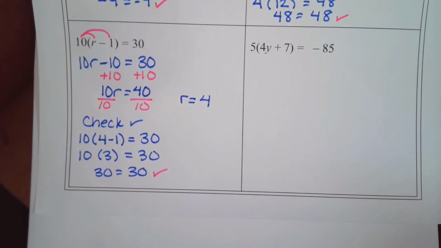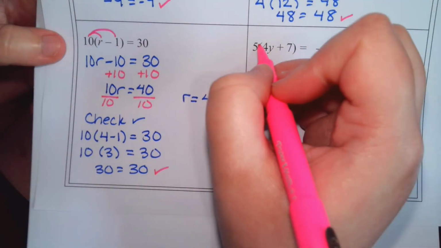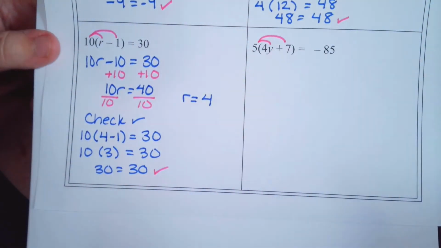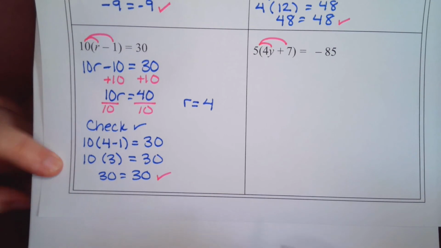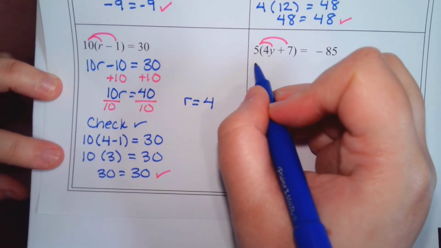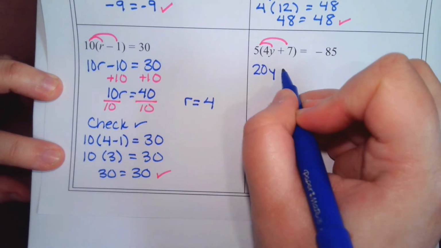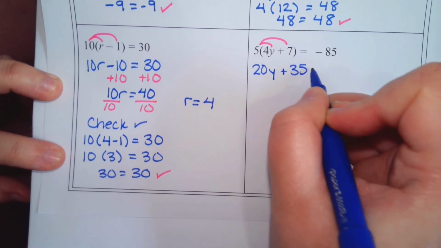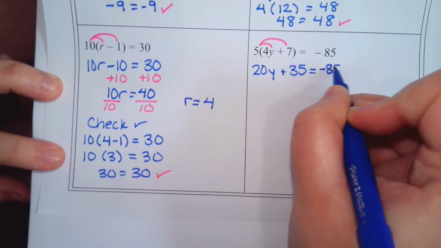Last one, guys. So we have 5 times 4y plus 7 is equal to negative 85. So we're going to distribute the 5, and we're going to end up with some bigger numbers, which is okay. So we have 20y plus 35 is equal to negative 85.